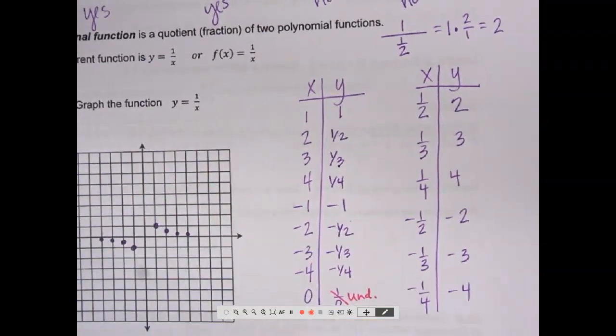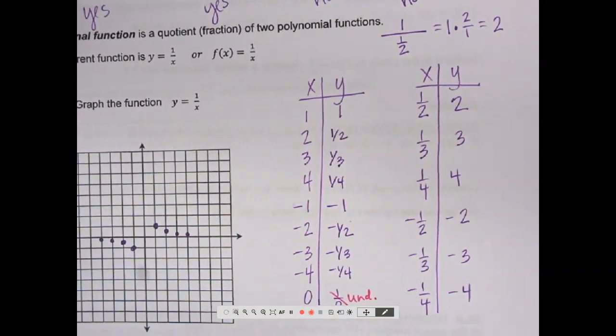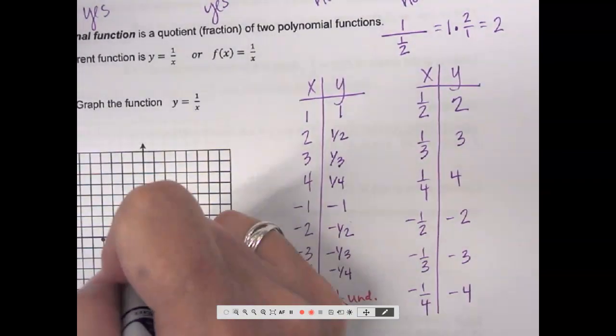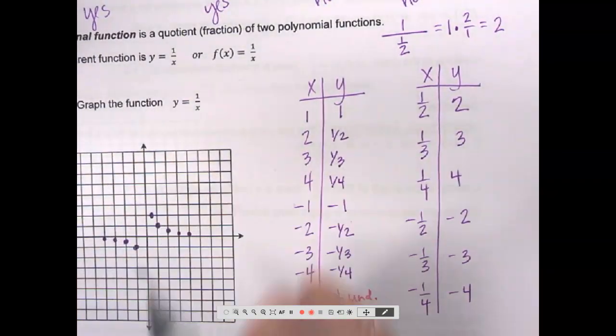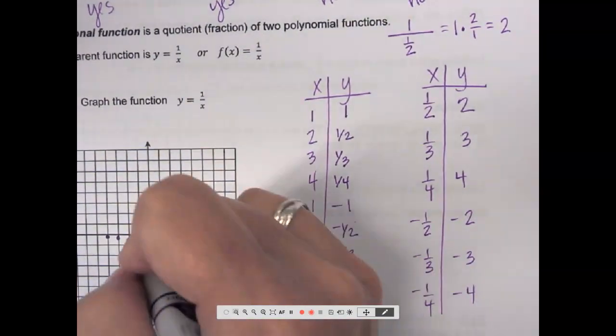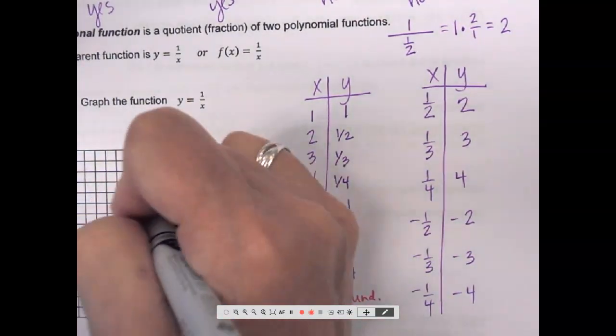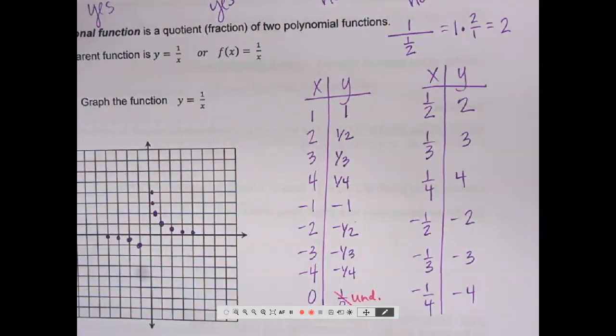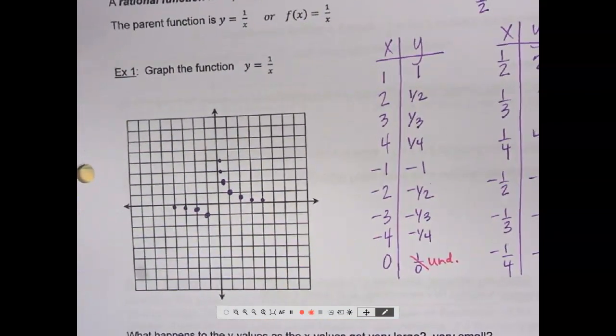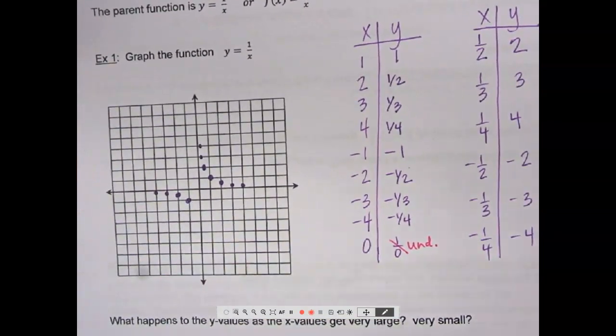Awesome. Now, let's plot those. Okay, 1/2, 2. 1/3, 3. These also get a little bit hard to graph, but it definitely gives us a clearer picture of what's going on here.